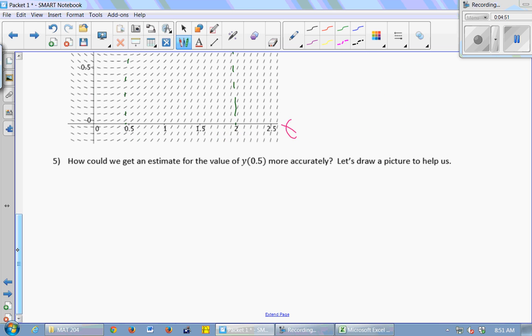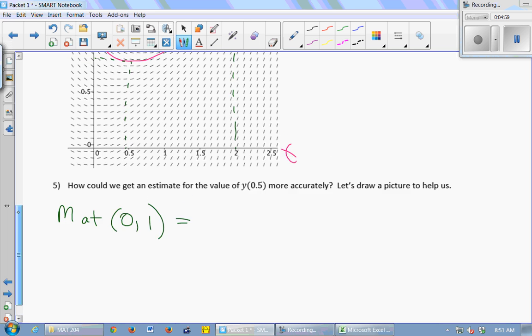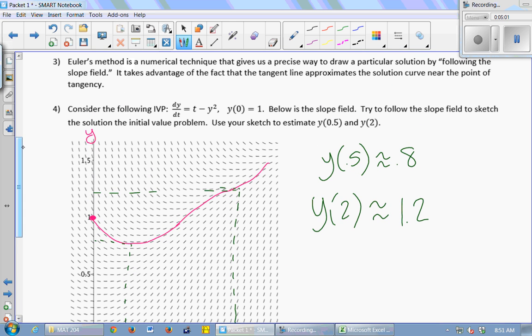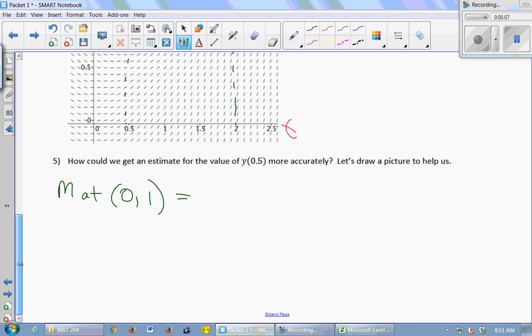So the slope of the tangent line at my initial condition, right? Because I know the slope at any point is t minus y squared. So it's going to be 0 minus 1 squared, which is negative 1.